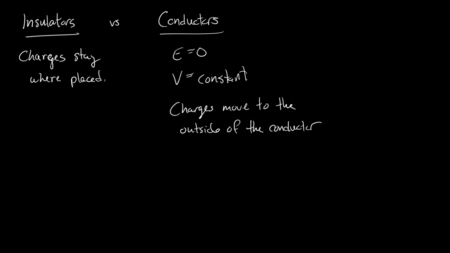Always move to the outside of the conductor. They rearrange themselves so that the inside of the conductor has an electric field of 0. It doesn't matter how much the conductor is charged, even if it's neutral or if it's fully charged, the inside of the conductor will have an electric field of 0.